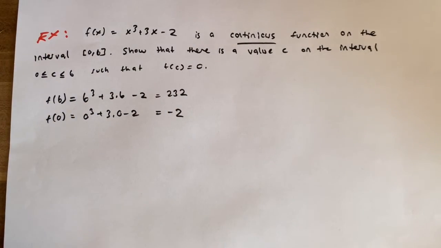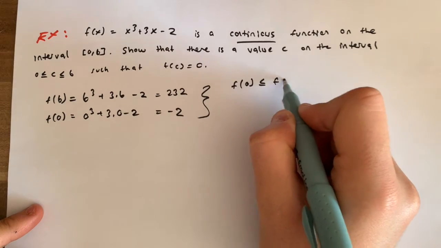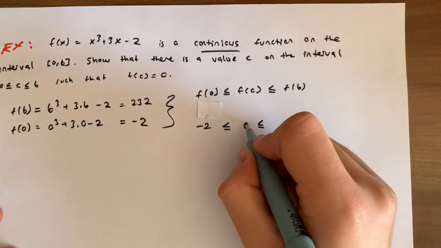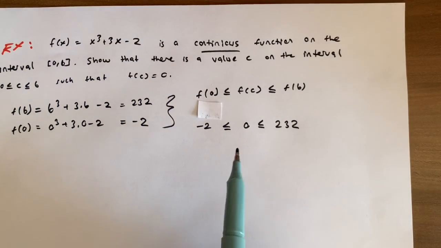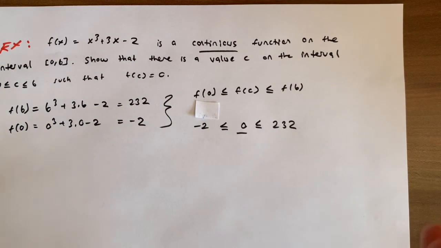And to solve the question, we can make this statement. As you can see, since the function is continuous, we can say that there is a value c where f(c) equals 0. In the AP exam, we should write it as a formal sentence.